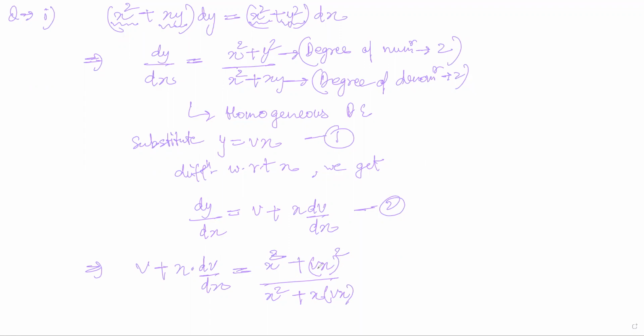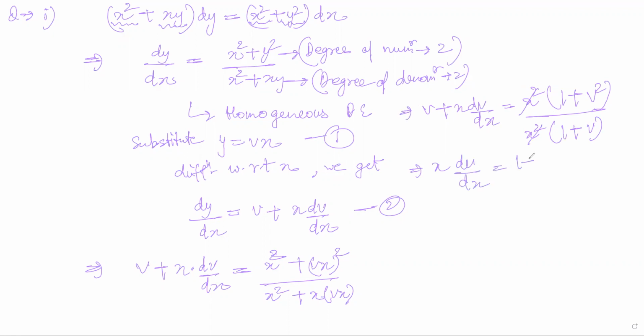Now, what we can do is we can take x square common from the denominator and numerator both. So this becomes v plus x into dv by dx is equals to x square into 1 plus v square divided by x square into 1 plus v. This x square would cancel out. This v can be taken into the right hand side. So this becomes x into dv by dx is equals to 1 plus v square divided by 1 plus v minus v.